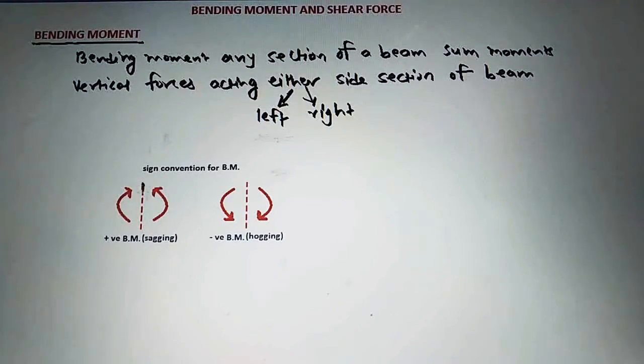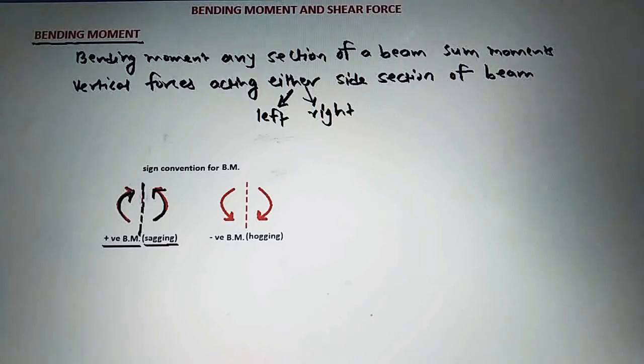Now see this section here, and if the moment of the vertical force on the left side of a section is clockwise, or the moment of the vertical force which is acting on the right side is anti-clockwise, then the bending moment should be taken as positive bending moment, and this positive bending moment is also called as sagging bending moment.